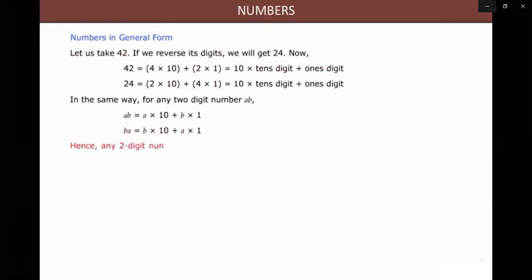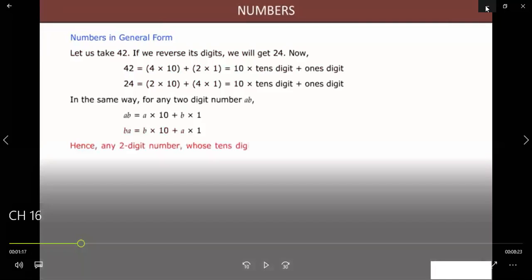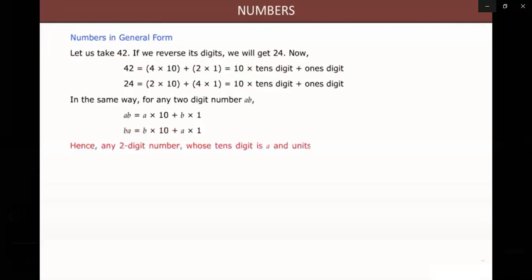So hence, the rule that we got is any two-digit number whose tens digit is A and units digit is B can be written as 10 into A plus B, okay? Where A is not equal to 0 and B is a whole number.